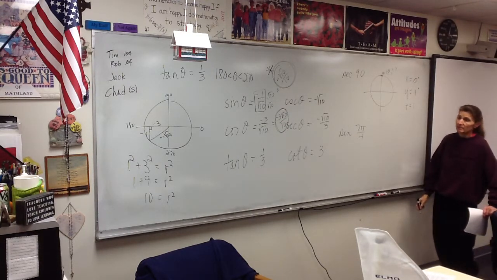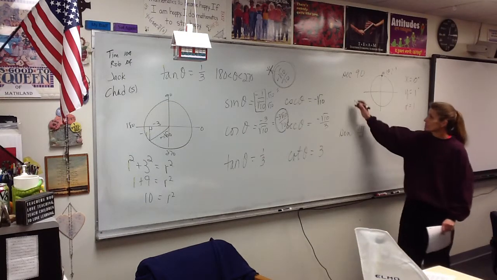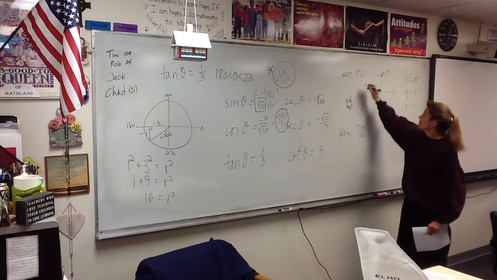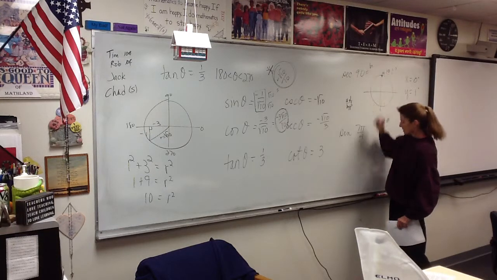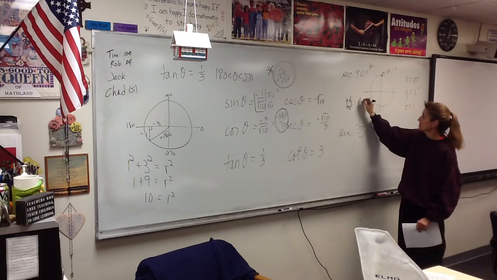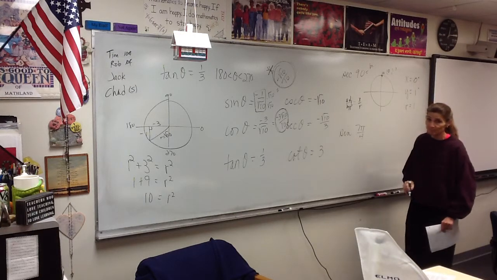Now I need the secant. So I need to remember that secant is reciprocal of cosine. Cosine is adjacent over hypotenuse. So the secant will be adjacent over hypotenuse, but I don't have a triangle. So I have to think x over r.